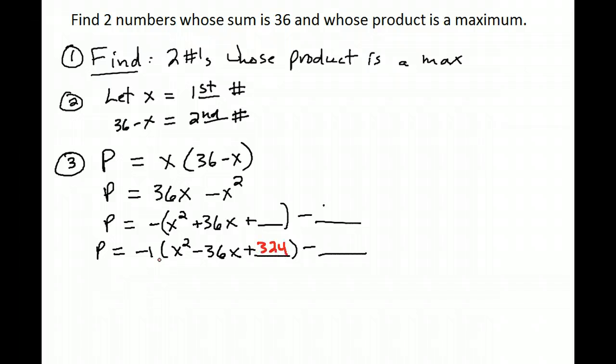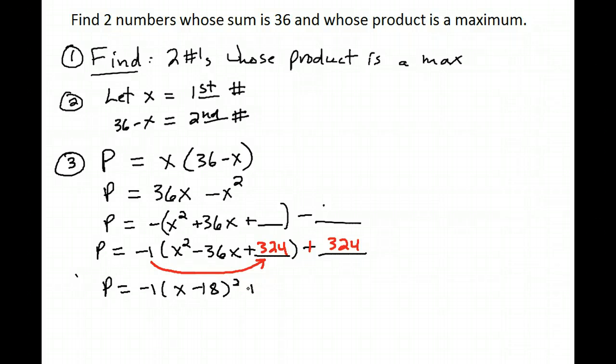So I put that here. That really is a negative 324, so to counteract that, I need to add 324 over here. So my equation is P equals negative 1 times the quantity x minus 18, quantity squared, plus 324.